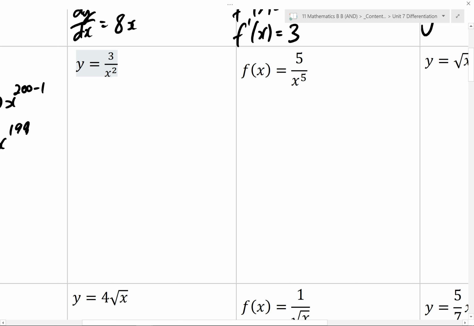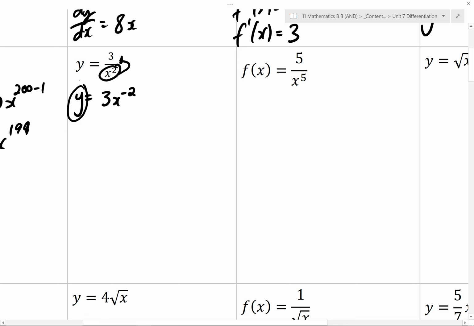Okay, what do we do when the x squared is on the bottom, the variable's on the bottom? Okay, we're going to just be a little bit creative and bring this x squared up to the top of the fraction line. Okay, so I'm going to change the power to negative and bring it on top of the fraction line. Notice that this is still y. Okay, this is really important.